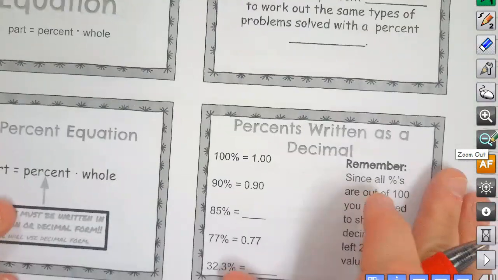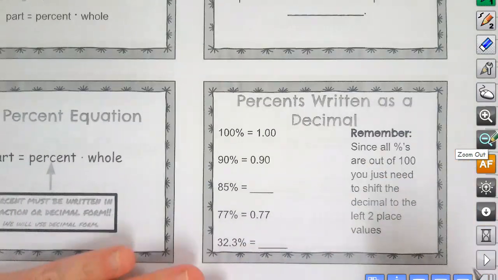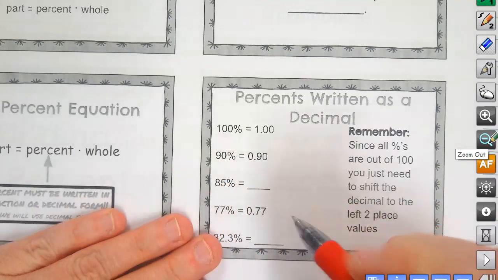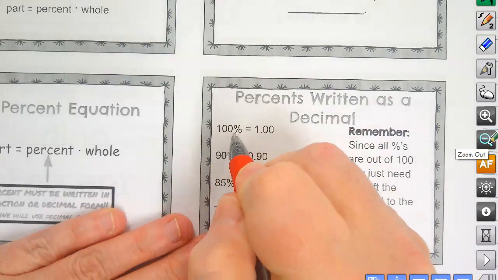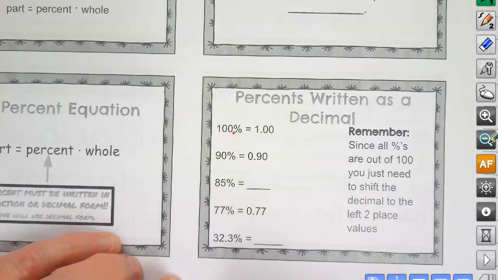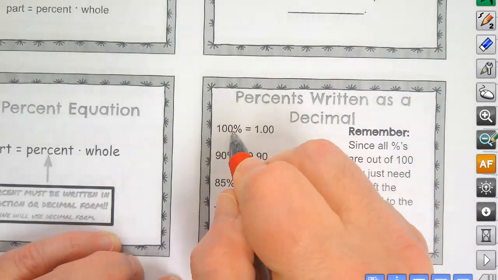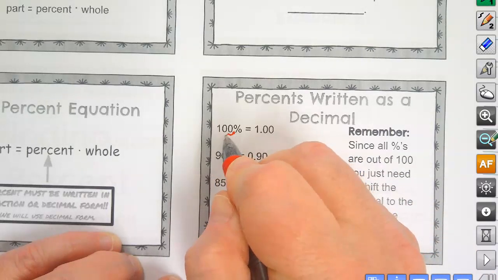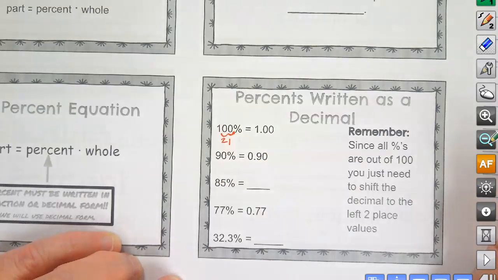So taking a look here in your packet, we have 100% equals 1.00. Where did that come from? Well, technically your decimal right now is at the end of the number before the percent sign. So if I wanted to switch the decimal, I would have to shift it once, twice to the left.